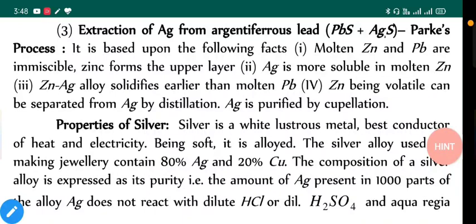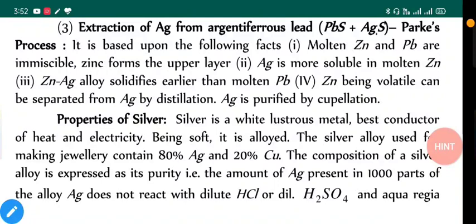That's why the density of lead is more, it will be at the bottom and zinc will float on it. Second, silver is more soluble in molten zinc. Third, the zinc-silver alloy solidifies earlier than the molten lead. And fourth, zinc being volatile can be separated from the silver by distillation, and silver is purified by cupellation.